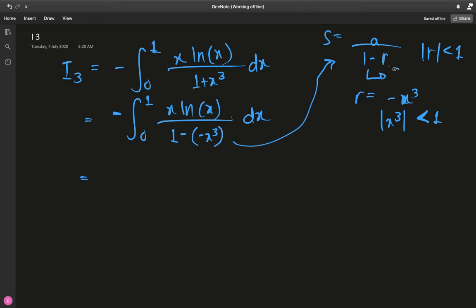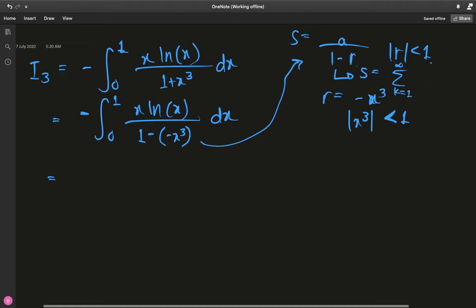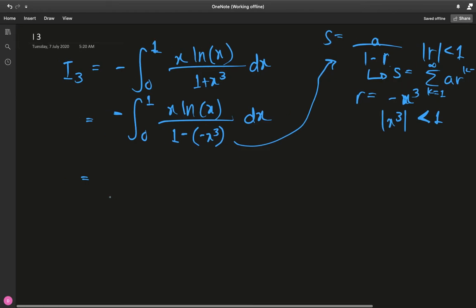From this, S was basically the sum from k equals 1 to infinity of a times r to the k minus 1. So a is 1, so we don't need to bother about that. We take the minus outside. Again, we can interchange the sum and the integral.